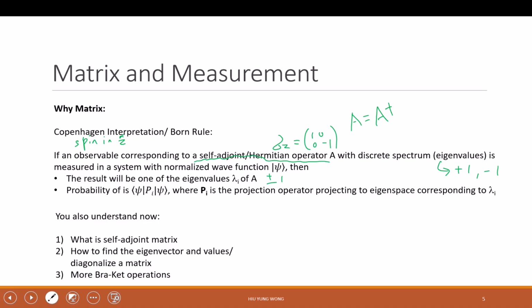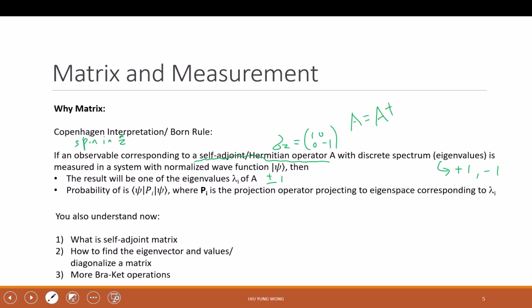That's the first thing. No matter how complicated the system is, or how complicated the measurement is, it will correspond to a Hermitian matrix. And that Hermitian matrix may, let's say, have 1,000 eigenvalues.